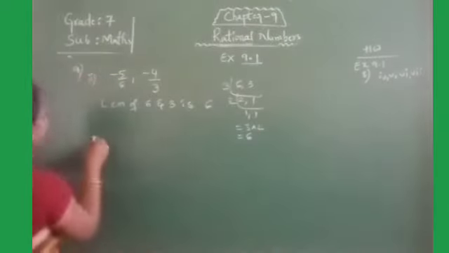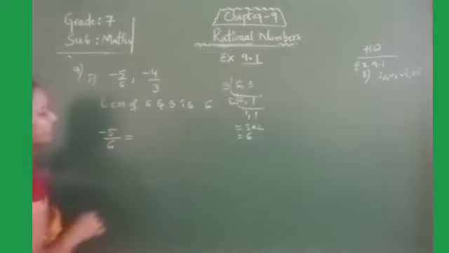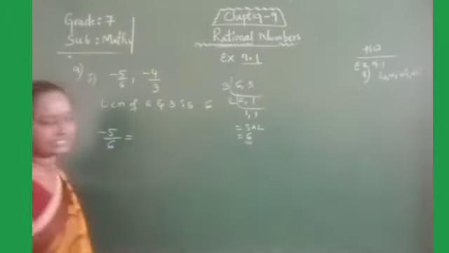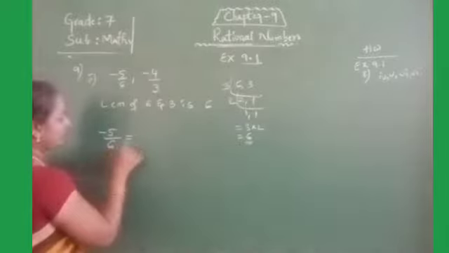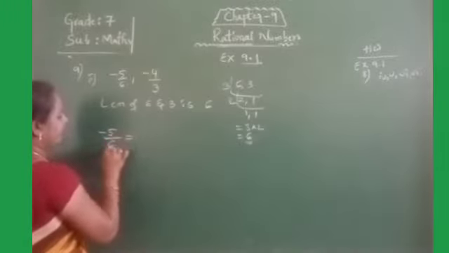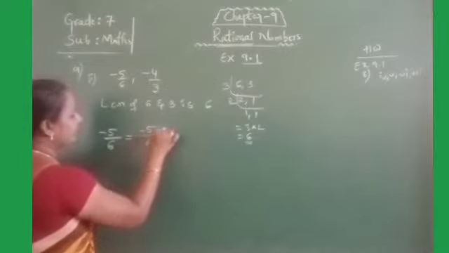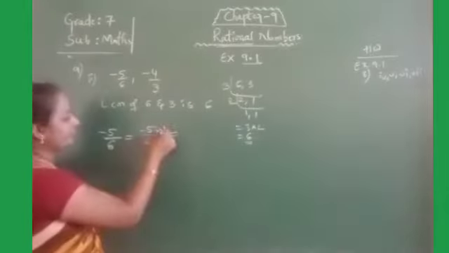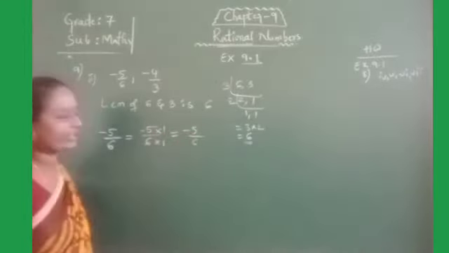Okay, right. Now the next step is to find the equivalent rational numbers. So we have to show the denominator as 6 for both rational numbers. We already have the denominator as 6, so there is no need to write anything here. If you want, you can multiply the numerator and the denominator by 1, then we get minus 5 by 6.